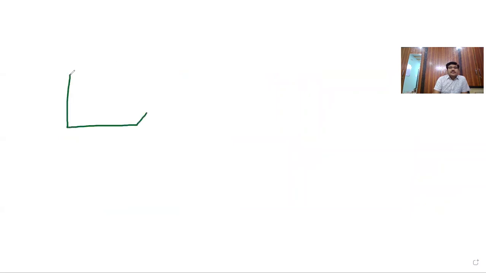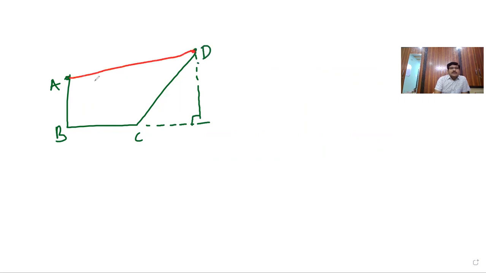Now I am going further. This is A, B, C, right angle at B, then this is the displacement vector. So this is initial, this is D. Now observe.